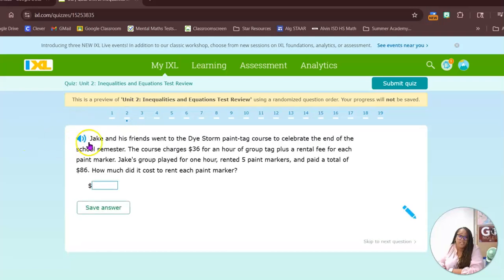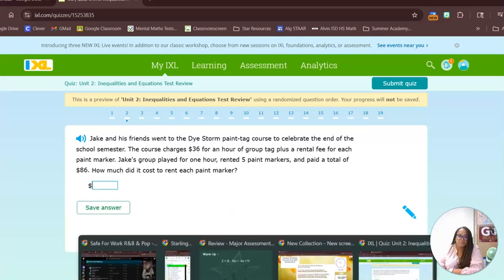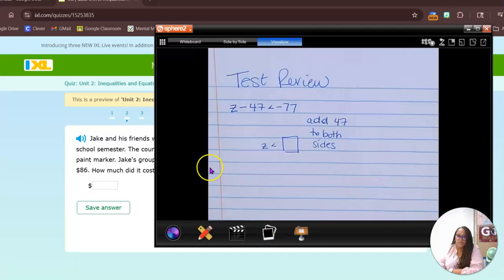Number 2. It says Jake and his friends went to the Dye Storm paint tag course to celebrate the end of the school semester. The course charges $36 for an hour of group tag plus a rental fee for each paint marker. Jake's group played for 1 hour and rented 5 paint markers and paid a total of $86. How much did it cost to rent each paint marker? So I've got to write my equation.